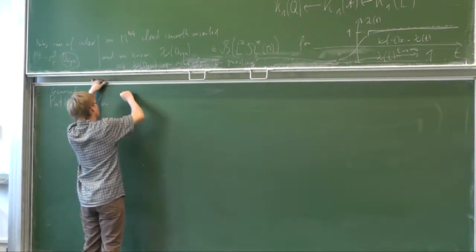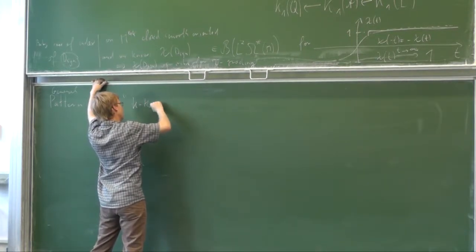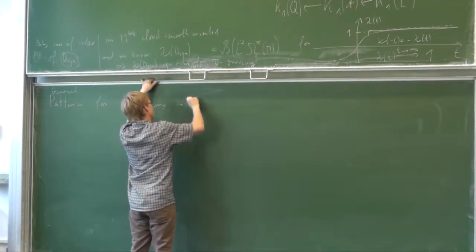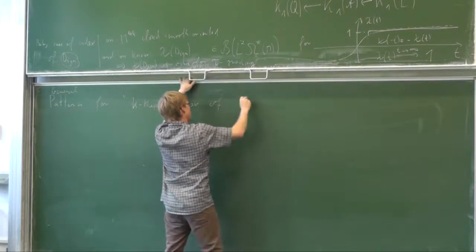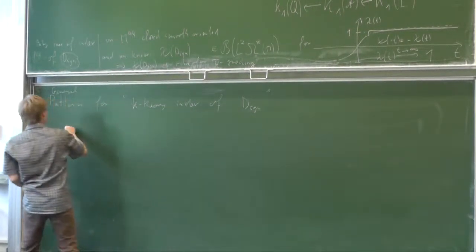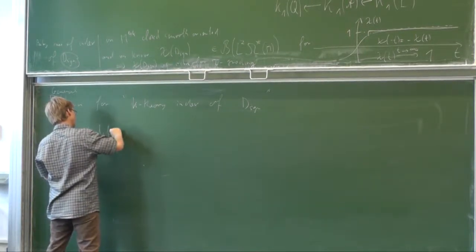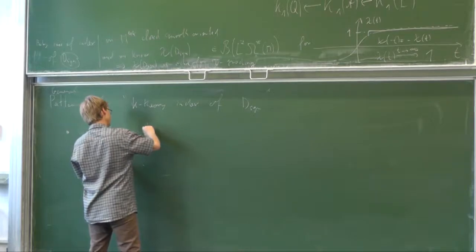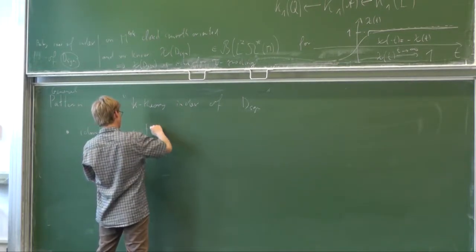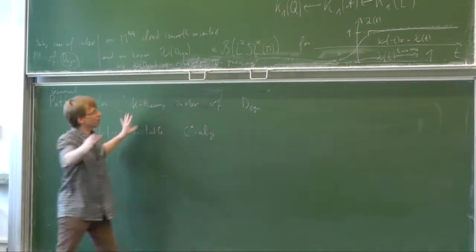For some kind of K-theory index of something like this signature operator, we identify a suitable algebra, which depends on your situation.